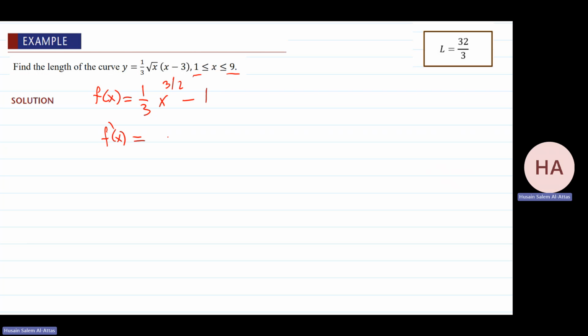Square it, that will be 1 over 9 x cubed minus 2 over 3 x to the power 2 over 3.